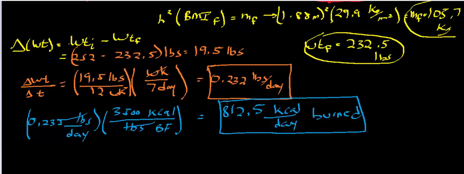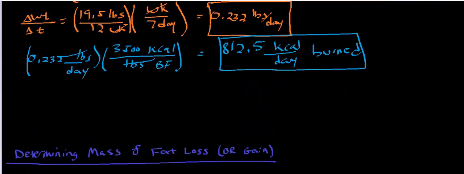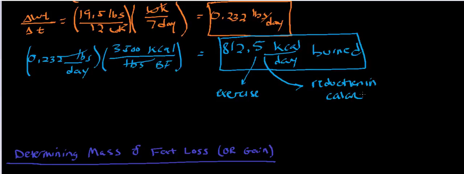Okay? Now, this 812.5 calories or kilocalories can come ultimately from 2 sources, right? This could come completely from exercise, right? So this could come from exercise, or it could come from reduction in calories or kilocalories, right?